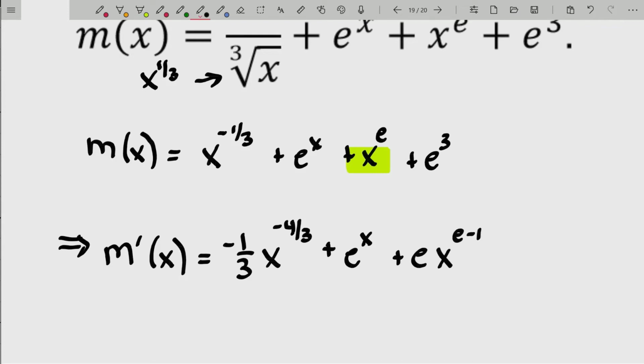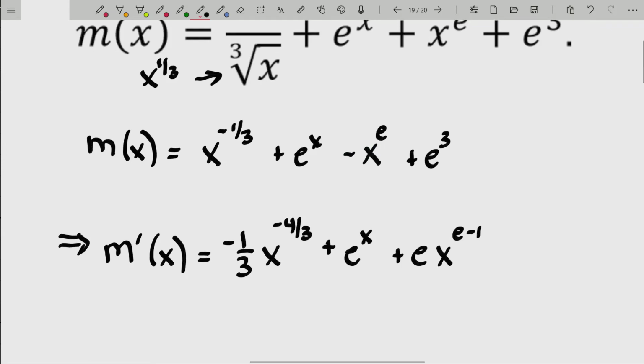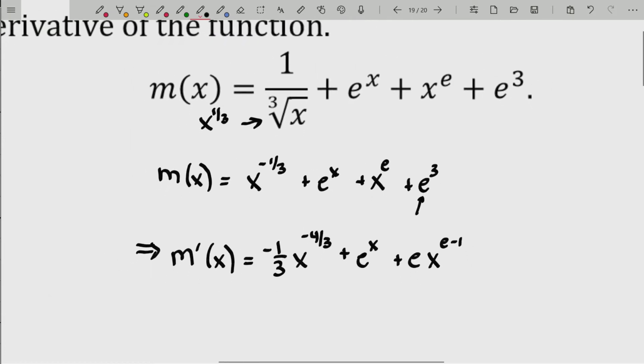I just brought down the power and then wrote that x with 1 less power. And then finally, plus e cubed. Remember, e is not x. e is a constant. So a constant cubed is still a constant. That derivative will be 0. And you would never really write plus 0, so you would just keep that out of the picture. And that is the full derivative right there.